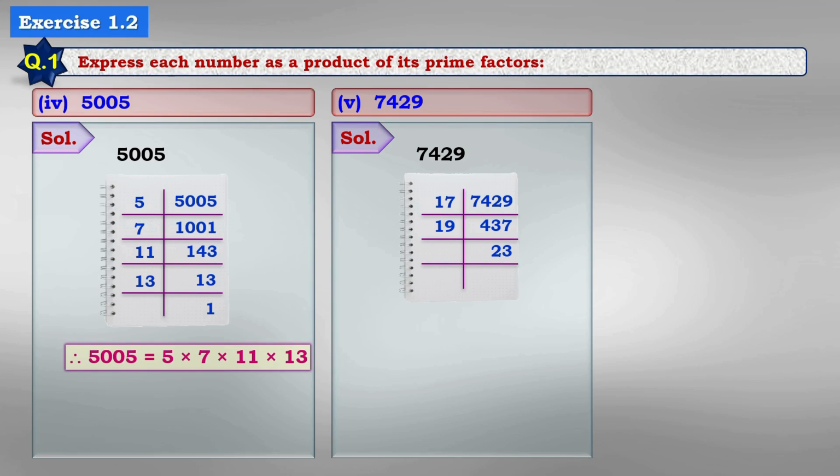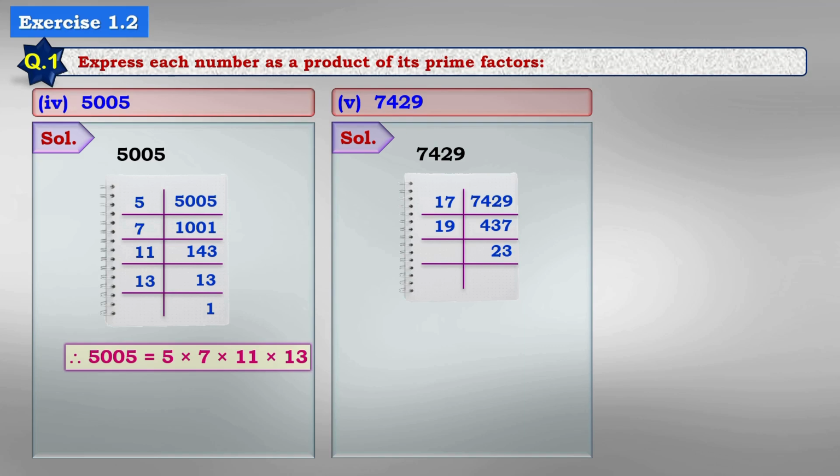Then 5 is also not going. Then 11 you can check also: 4 and 7 give 11, and the odd position we have 3, so 11 minus 3 is not divisible by 11. Then you can use 13.